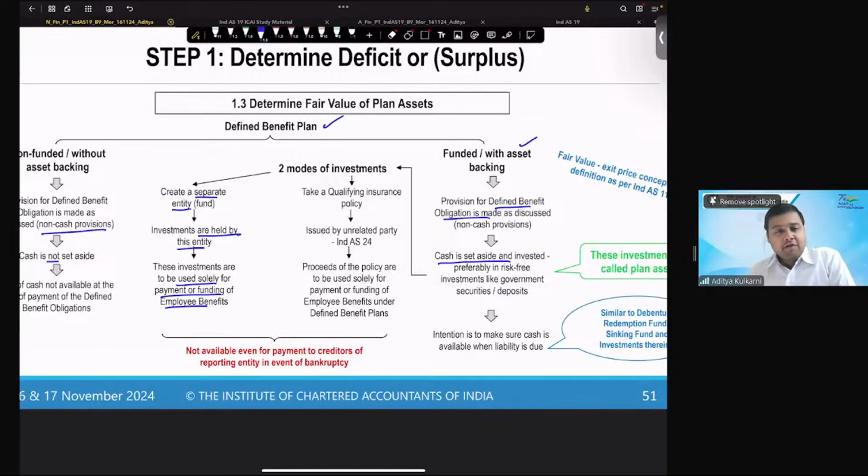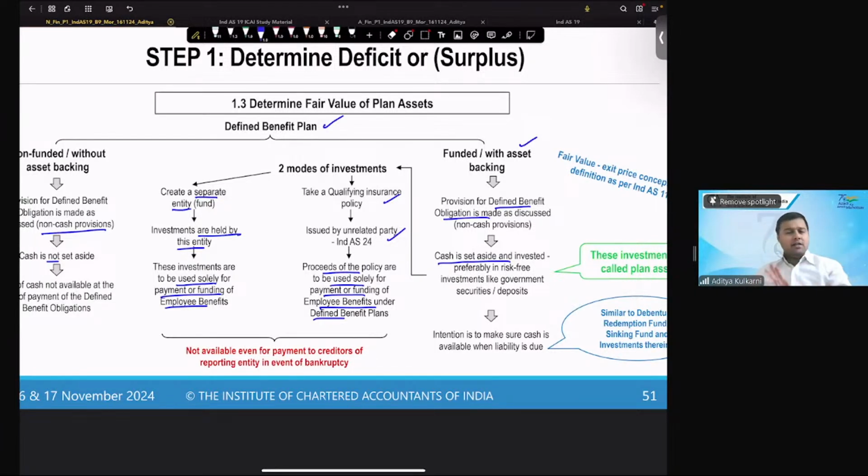The second option is I take a qualifying insurance policy issued by an unrelated party, and proceeds of the policy are used solely for payment or funding of employee benefits under defined benefit plans. Key point to remember is typically these securities cannot even be used in the times of bankruptcy. They are exclusively for your employees alone.